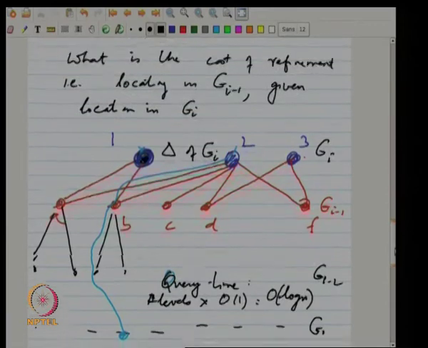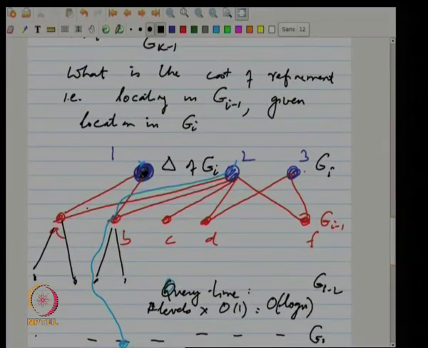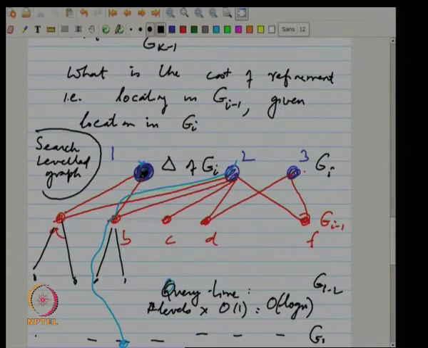Well, this is not quite a tree, okay, it is a leveled graph. So, we should not call it a search tree, it is a search leveled graph. The edges go between consecutive levels only, right. So, we must also construct this search graph when we are doing the pre-processing.